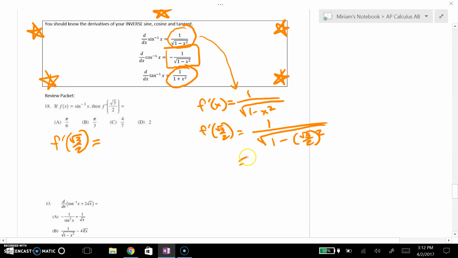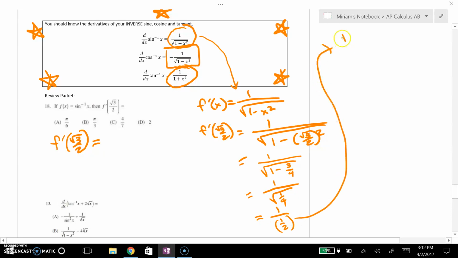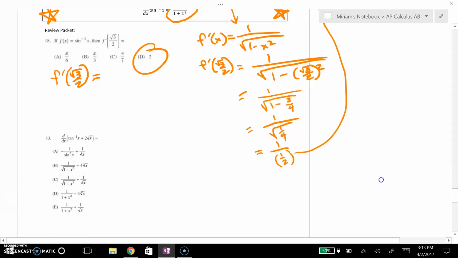So square root of 3 squared will be 3. 2 squared will be 4. 1 minus 3/4 is 1/4. Square root of 1/4 is 1/2. And we can change that to 1 times 2 over 1, which is 2. Make sure you pause here and go back. Go through the steps so we're on the same page.